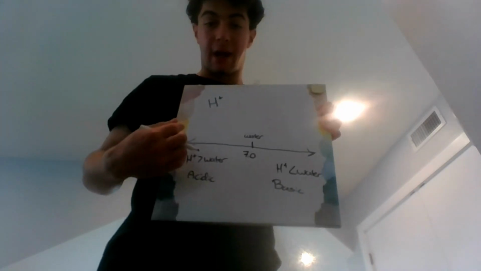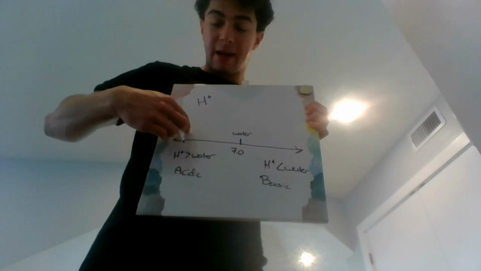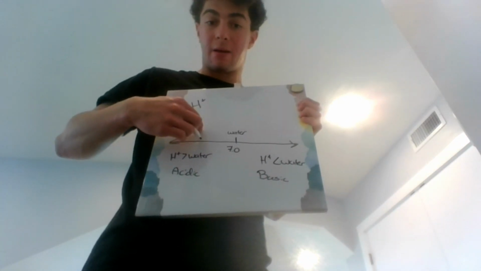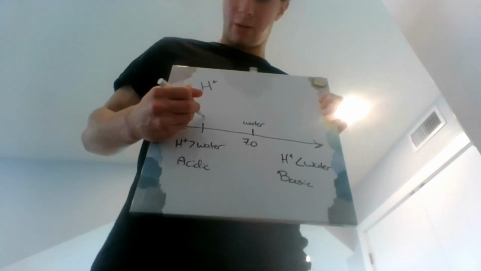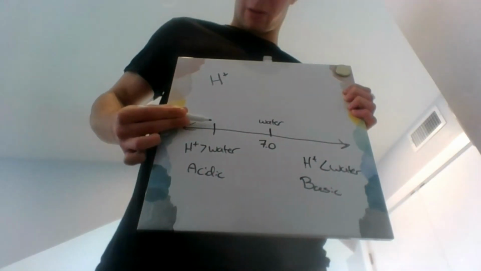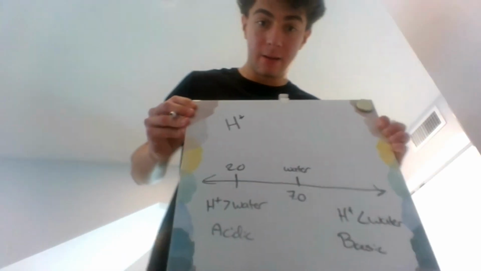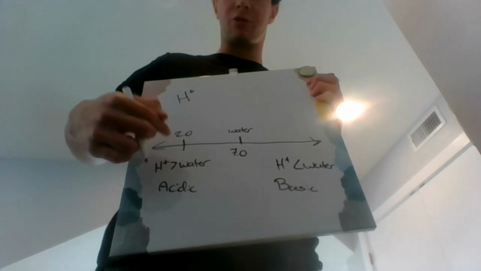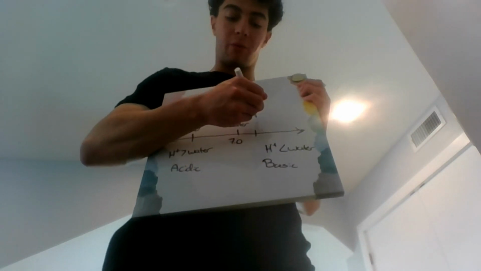Each number on the scale uses logarithms to make it more digestible by increasing or decreasing by a factor of 10, meaning that a solution with a pH of 2.0, which would be right here on the number line, has 100,000 times more hydrogen ions than a solution with a pH of 8.0, which would be right here.